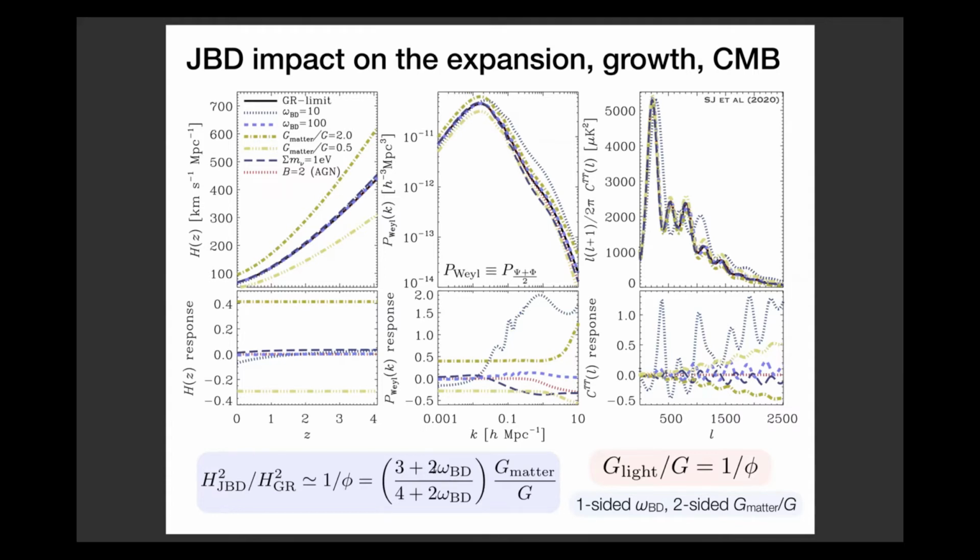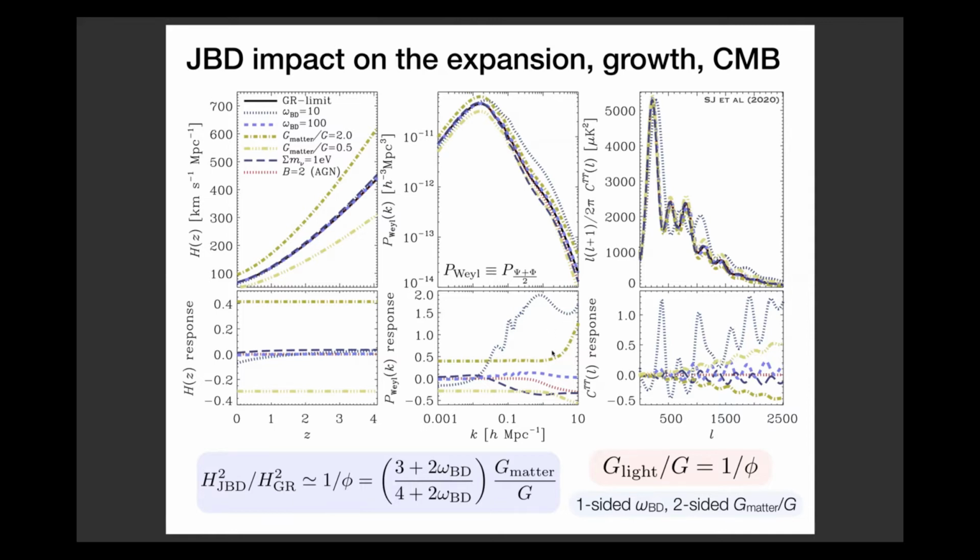And as we modify our coupling constant, it's going to give us a suppression in the expansion rate. In terms of the Weyl power spectrum, again, the sum of the metric potentials goes like one over the scalar field. So again, you're going to be boosting the Weyl power spectrum as the effective gravitational constant is greater than 1.